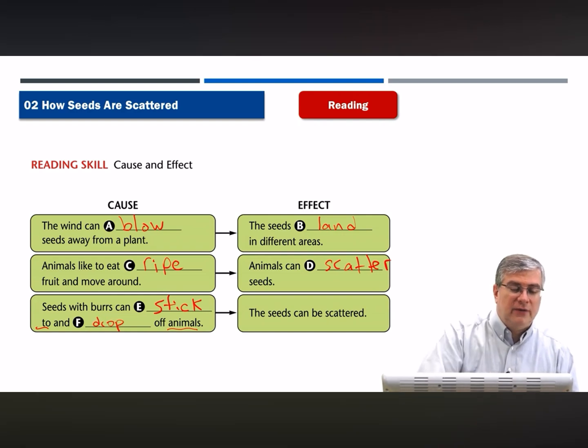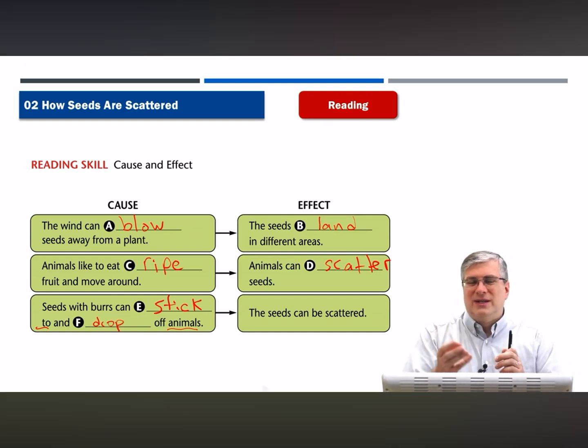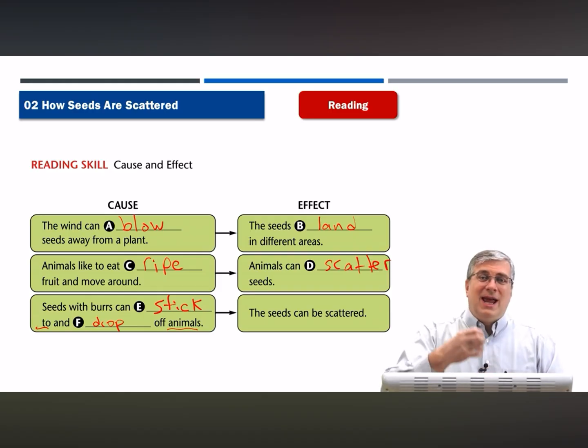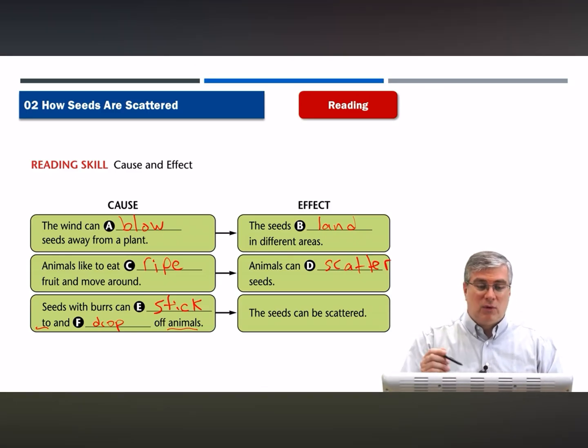So first they stick, of course. After a while, maybe the animal scratches, or licks it or rubs up against a tree, and the seed will drop off. So seeds with burrs can stick to animals and drop off animals.